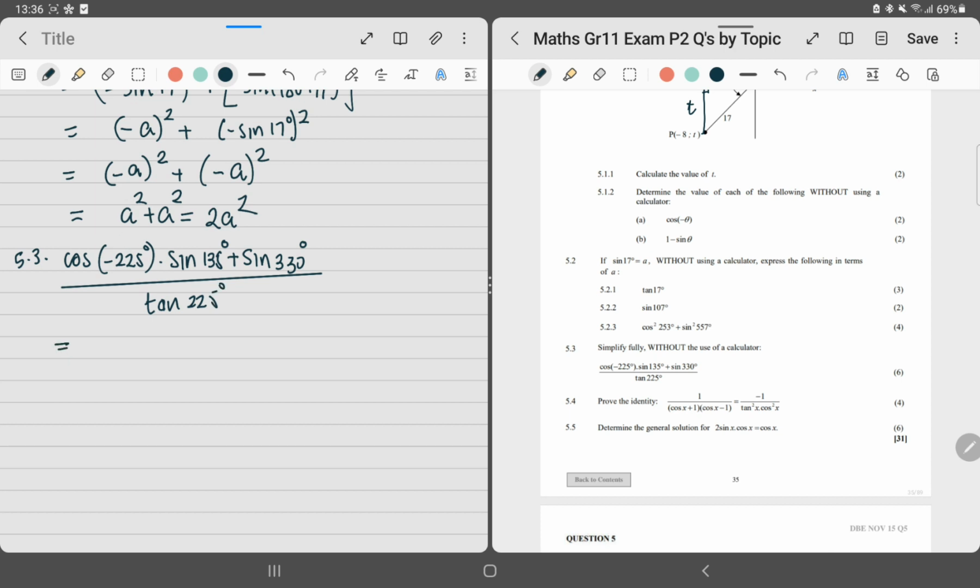Negative angle, we add 360. 360 minus 225, that's 135. So that's cos 135 multiplied by sine, so it's 180 minus 45. And then this is going to be sine of 360 minus 30.